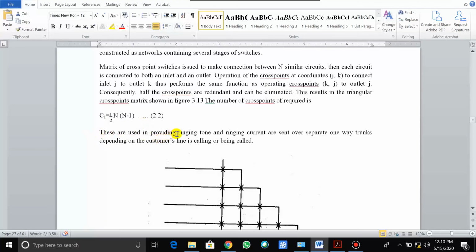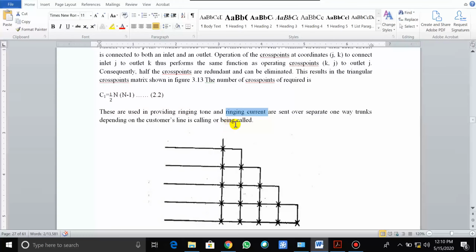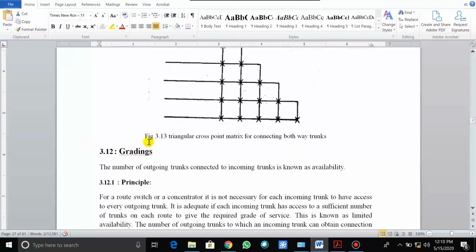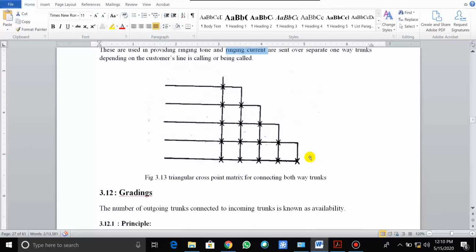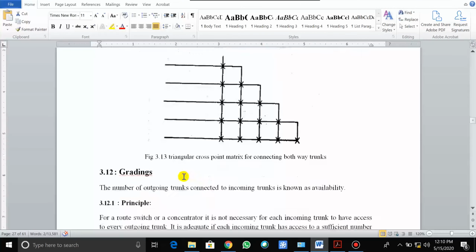These are used to provide the ringing tone, and ringing currents are sent over separate one-way trunks depending upon whether the customer line is calling or being called. Okay, have you understood? Next, this is a triangular cross point matrix for connecting both-way trunks. So this is the representation of the triangular cross point matrix.